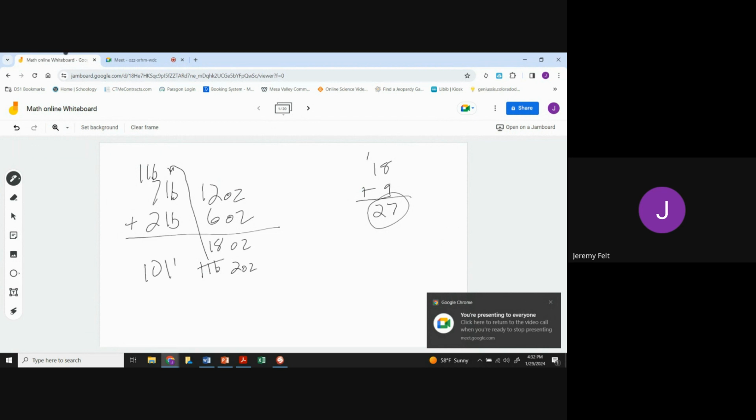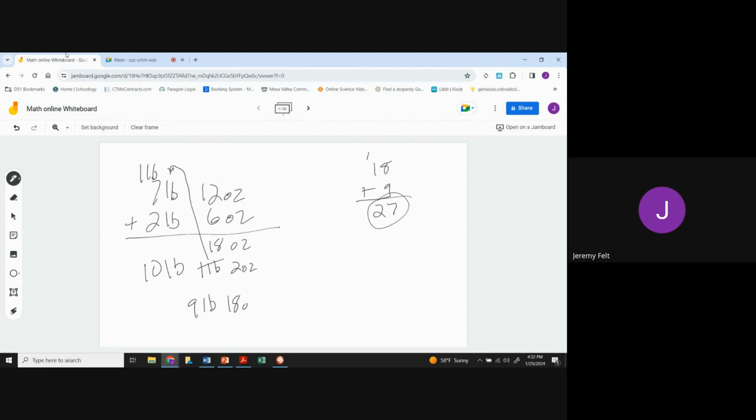So 10 pounds, 2 ounces. Or if we would have ended up with 9 pounds and 18 ounces, that's fine. We just need to remember to convert this. Okay, for every 16 ounces, we move over to a pound. So we've got to move a pound over here, and we're left with 2 ounces.